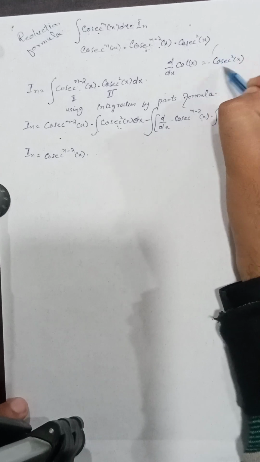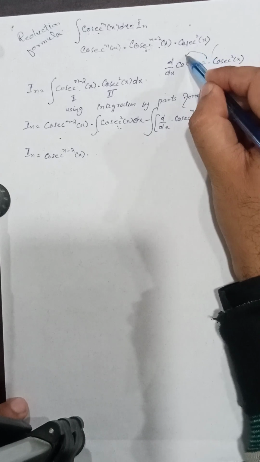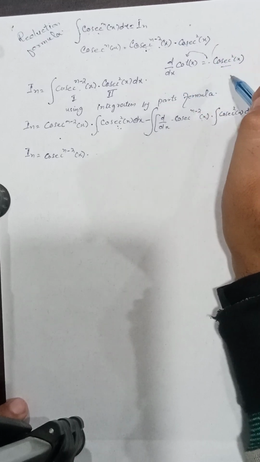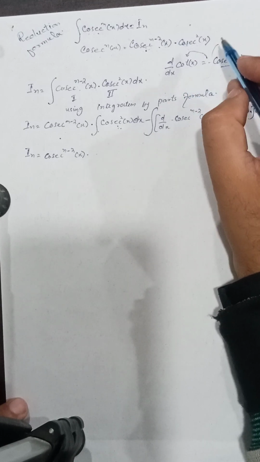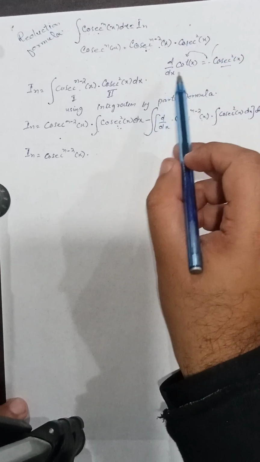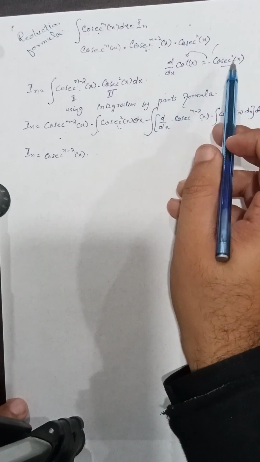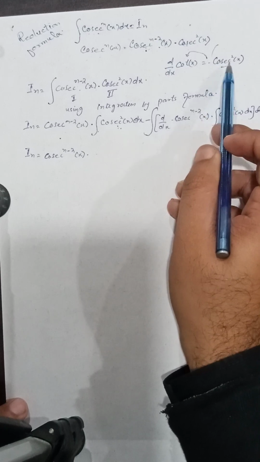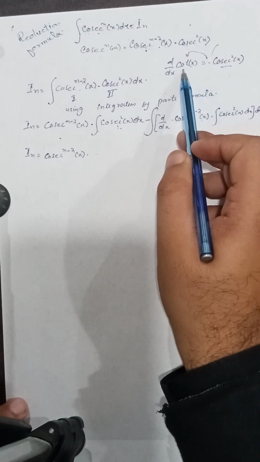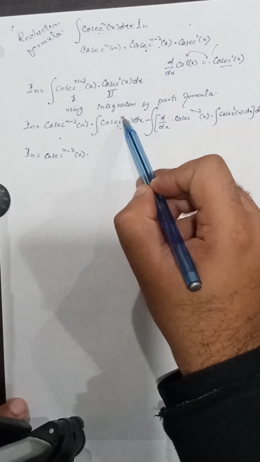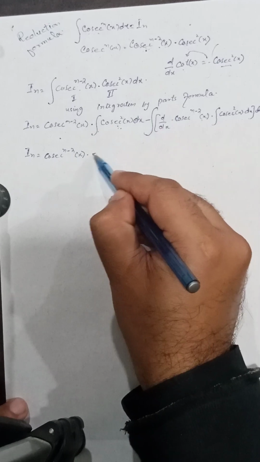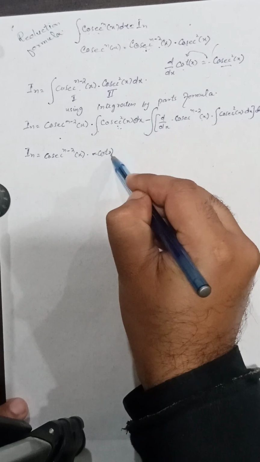So the integral of cosecant square of x is minus cotangent of x, because differentiation and integration are reverse of each other. So the integral of cosecant square of x dx is equal to minus cotangent of x.